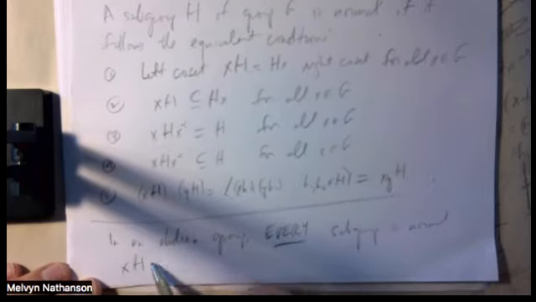Because the left coset xH, this is everything you can write in the form x times h, where h runs through all the elements of the subgroup H. But xH is equal to Hx because the group is abelian. Multiplication is commutative. So in an abelian group, every subgroup is normal, and you don't have to worry about it.